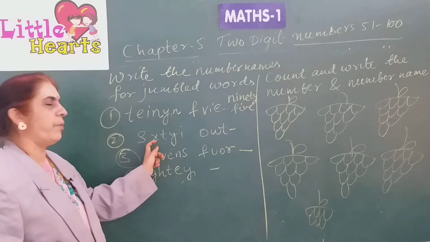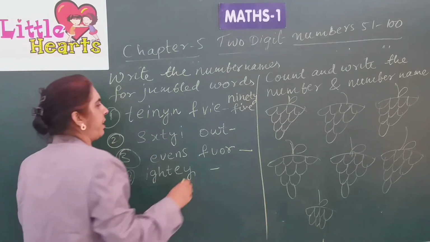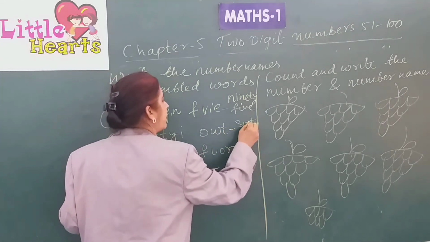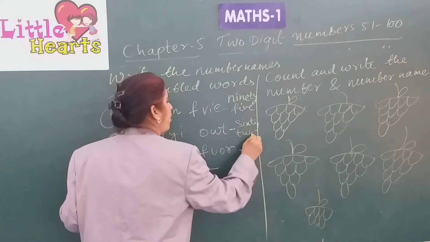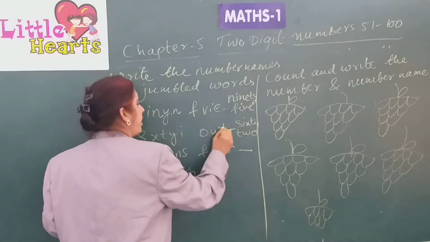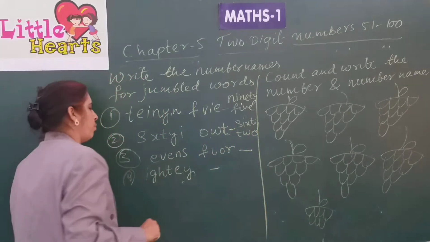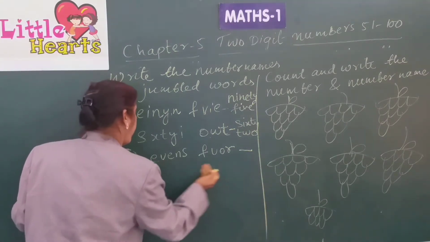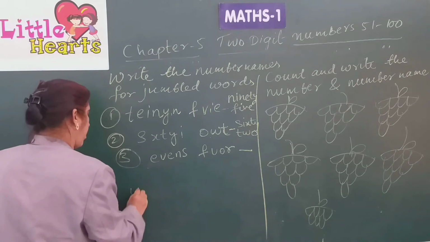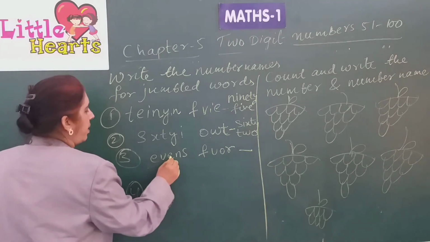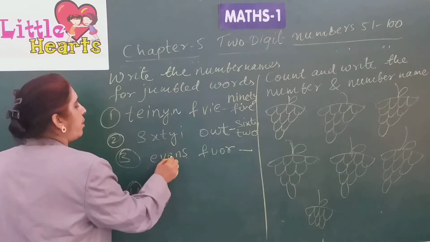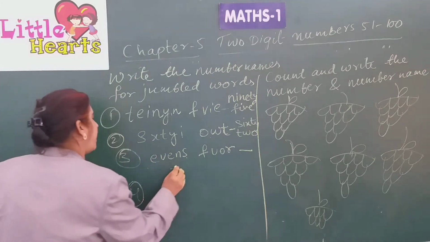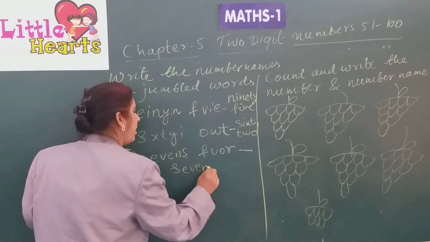SXTYI, X will be only in 6, so it is SIXTY 60. TWO, OWT, that is TWO, so 62. EVENS, 2 E's will be in only 7, so SEVEN 7.